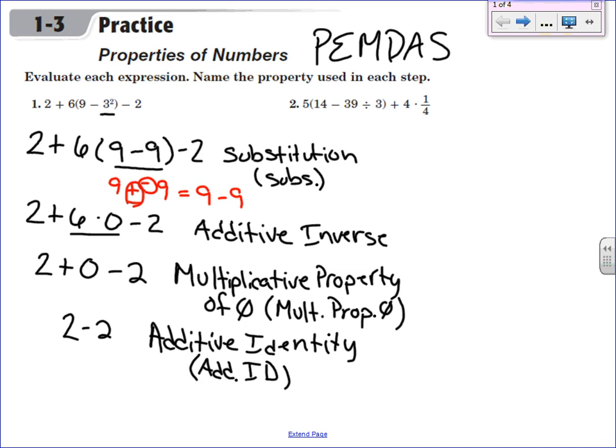An identity means you're getting the same number back. So when you add 0 to a number, you get it back. And then again, we see 2 minus 2, just like we saw up here with 9 minus 9. So that's going to be 0, and that's going to be by the additive inverse.